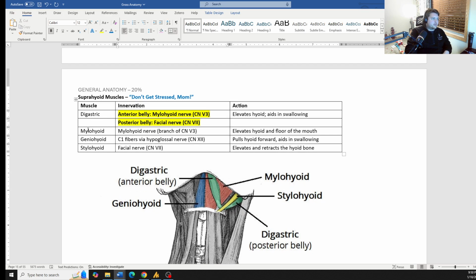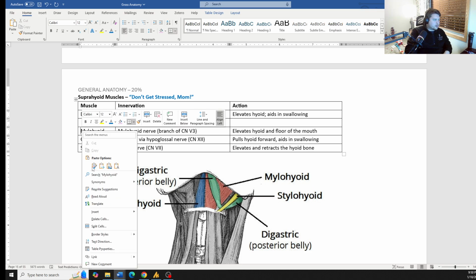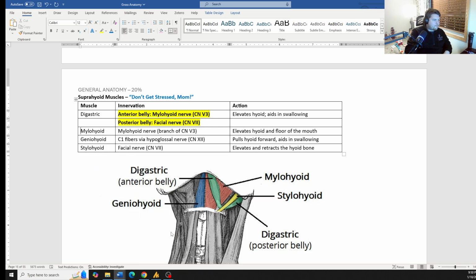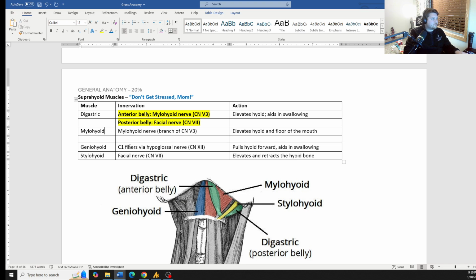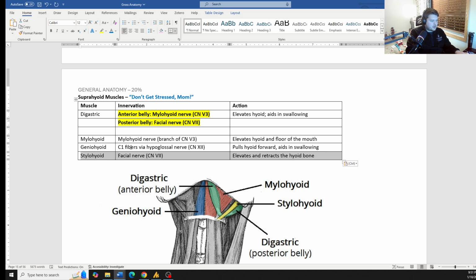We have the mylohyoid, geniohyoid, and stylohyoid as well. And I am going to rearrange these in order to match the mnemonic, because it's more pleasing when everything lines up and matches.